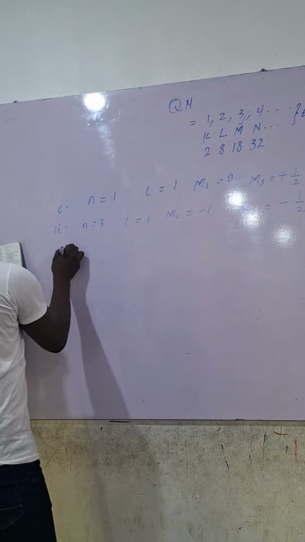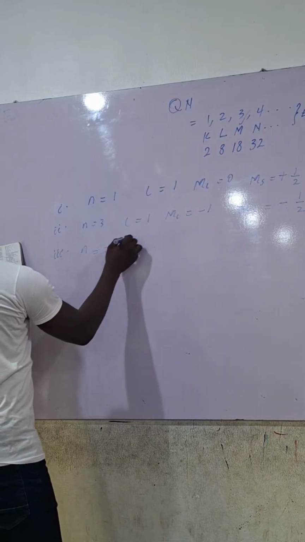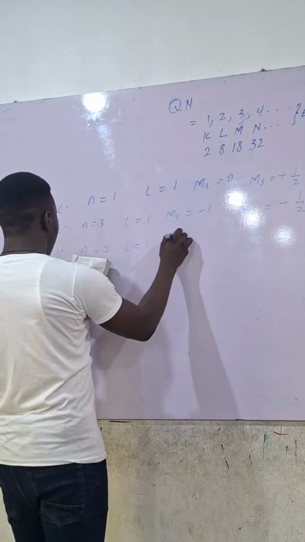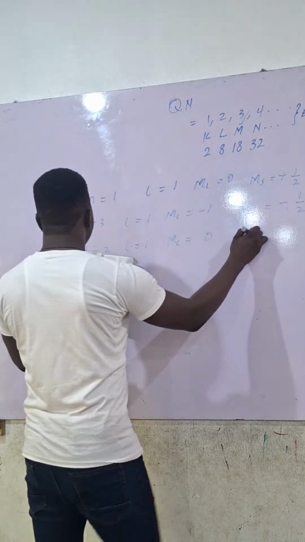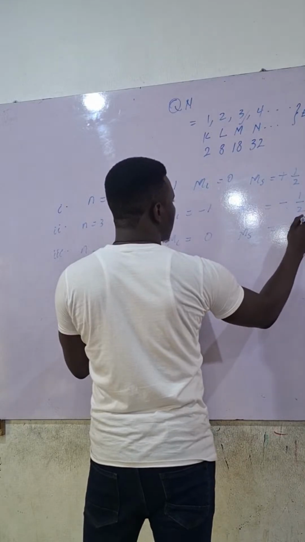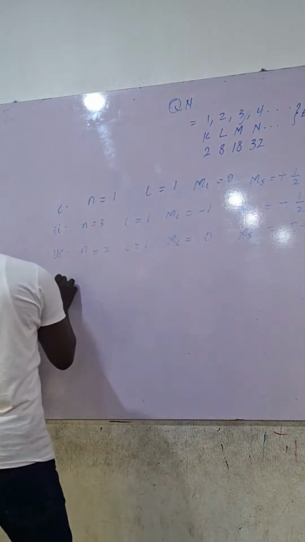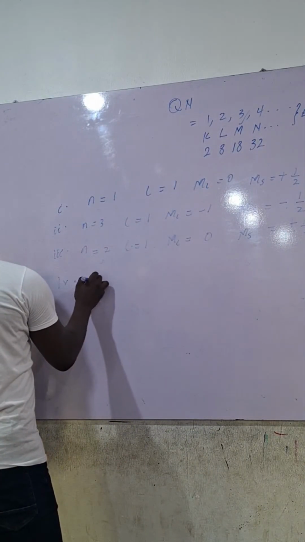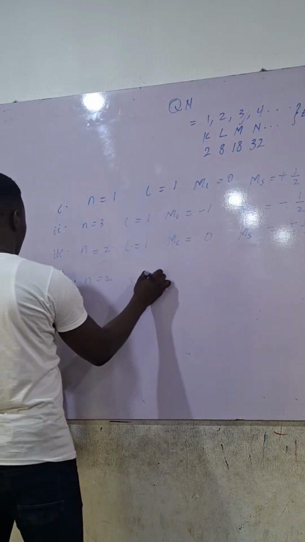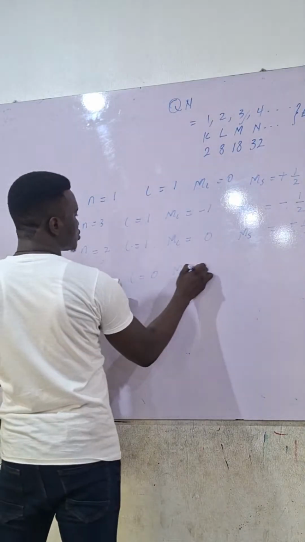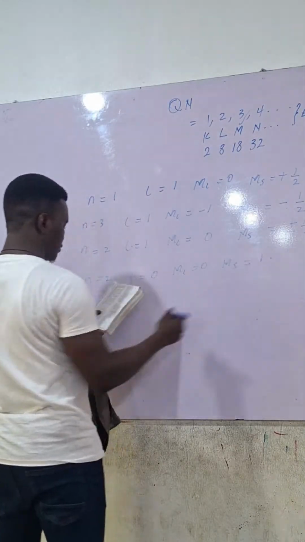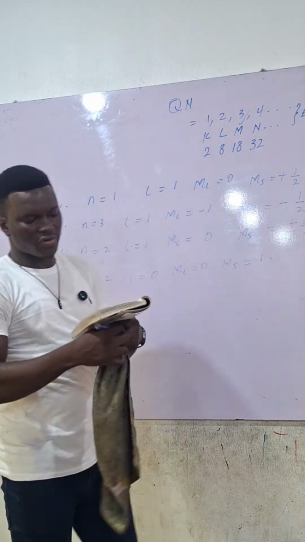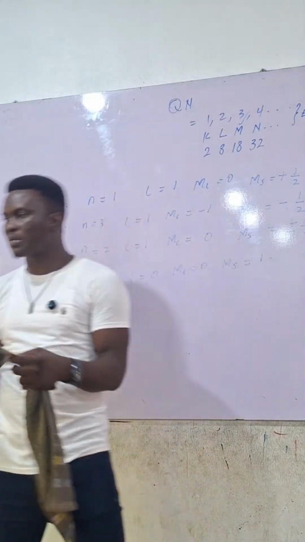Roman figure 3: n is equal to 2, l is equal to 1, ml is equal to 0, ms is equal to plus or minus 1 over 2. Roman figure 4: n is equal to 2, l is equal to 0, ml is equal to 0, ms is equal to 1. So they are saying which of the following sets of quantum numbers is permissible.